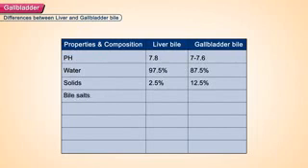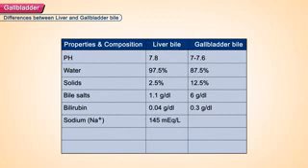Bile salts are 1.1 grams per deciliter in liver bile and 6 grams per deciliter in gallbladder bile. Bilirubin is 0.04 grams per deciliter in liver bile, whereas it is 0.3 in gallbladder bile.